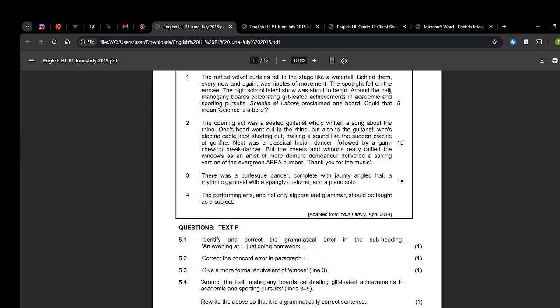Going from "around the whole, mahogany boards" is why that other lady had to change "celebrating." If you didn't want to change "celebrating," you are allowed to add other nouns or words that make the sentence grammatically correct. But so far, that's all I see in terms of incorrect grammar in this sentence. There is a full stop, there is a correct comma. Otherwise, I wouldn't see anything else to add.